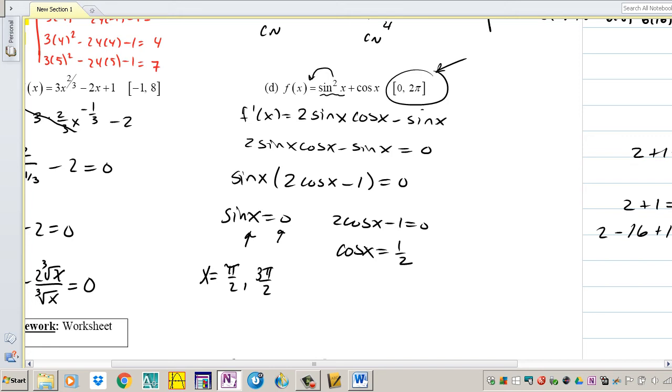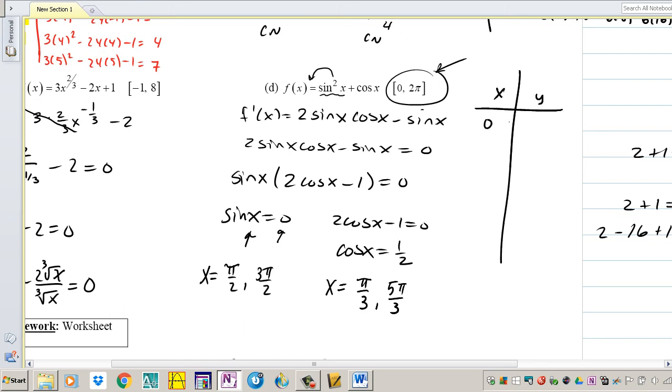What angle of cosine gives me a positive half? And if you know your unit circle very well, cosine of pi over 3 gives you a positive half, and also the 5 pi over 3 gives you a positive half. So I have a total of 6 numbers to test.